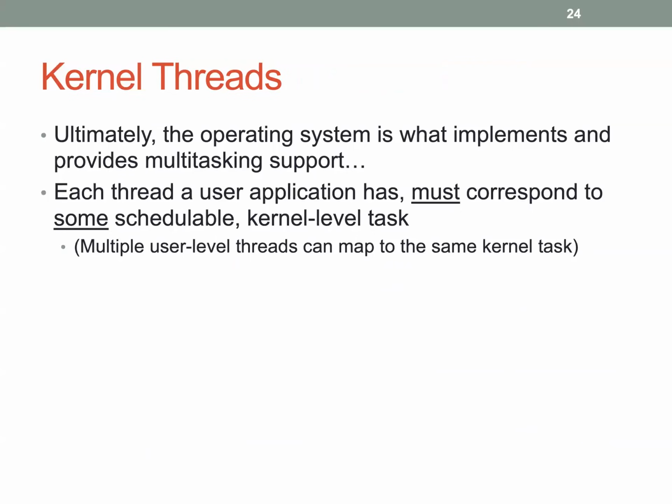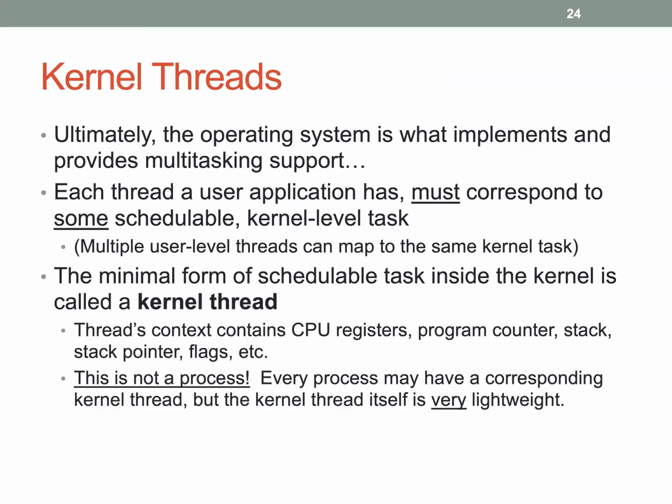There's a thing called a schedulable kernel level task. Okay. There's a nickname for that. We call it a kernel thread. And so when the kernel works, and this is one of those little secrets of OS implementation, when you implement a multitasking OS, we'll call it that way, that's the correct way of describing it, the way that the OS does that is by having multiple kernel threads that it can run, and the OS scheduler just switches between kernel threads.